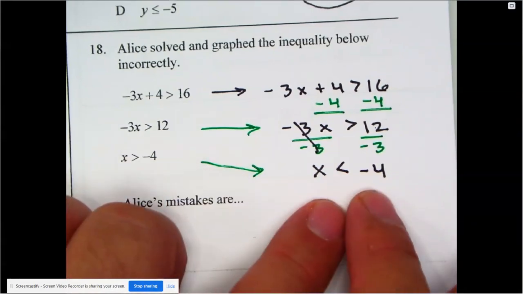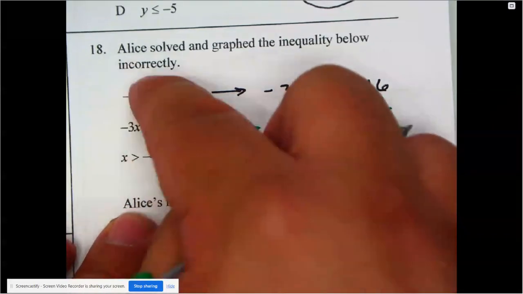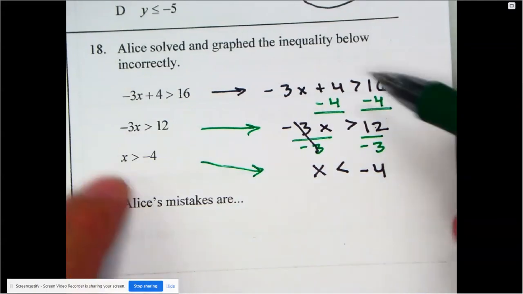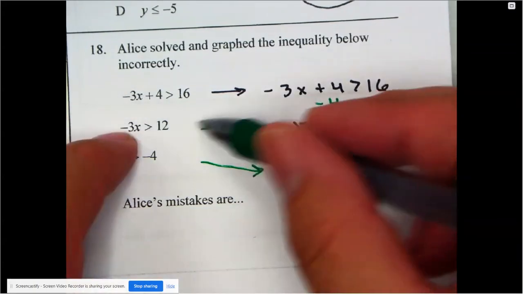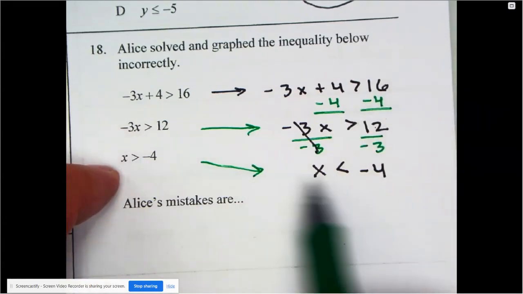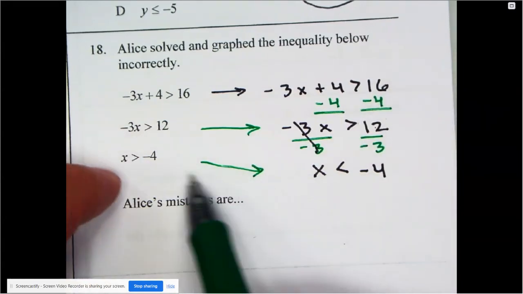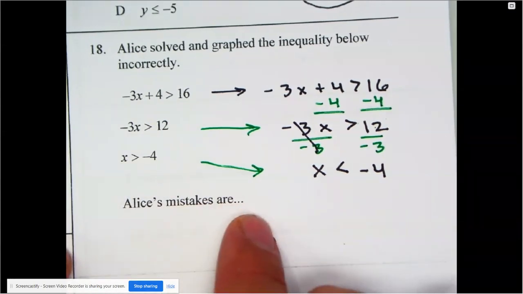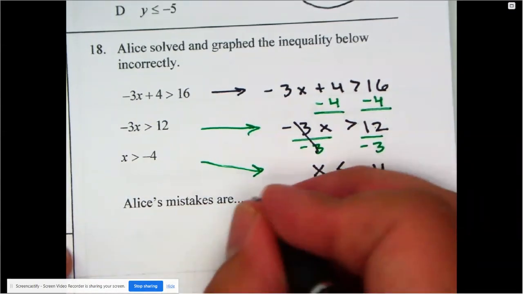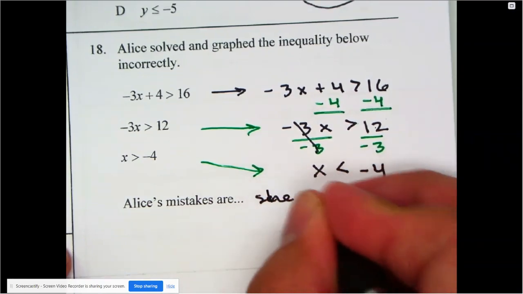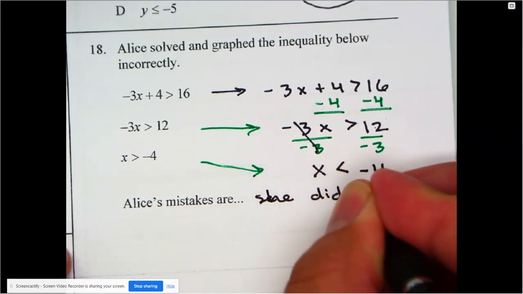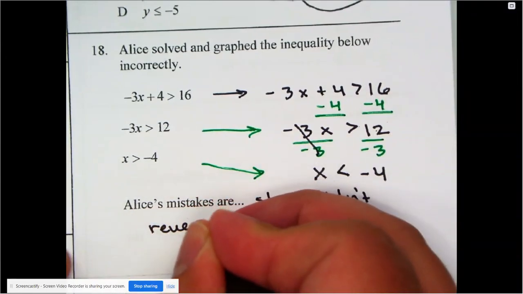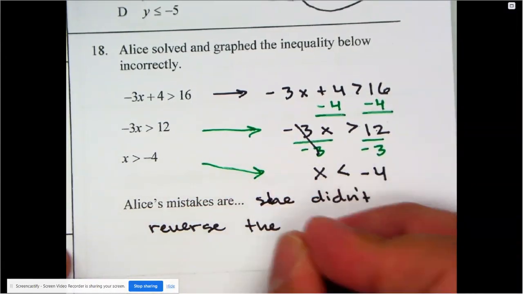Not by us. Remember, they told us Alice did something wrong. So by looking at it carefully, step 1 was fine, this step was fine, but as soon as I look at this one, Alice made a mistake. The mistake, it says, Alice's mistakes are she didn't reverse the inequality.